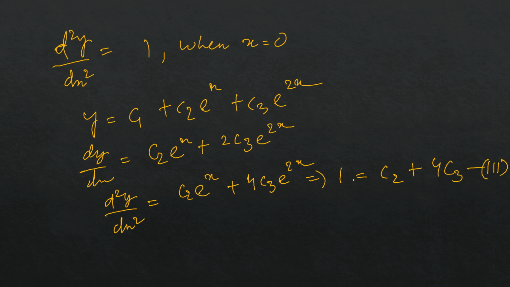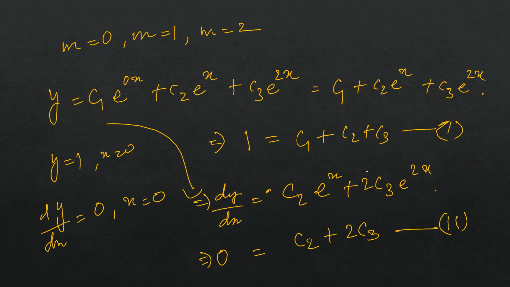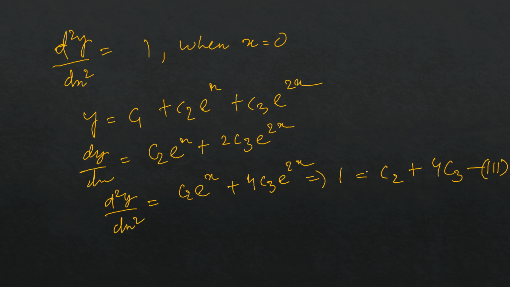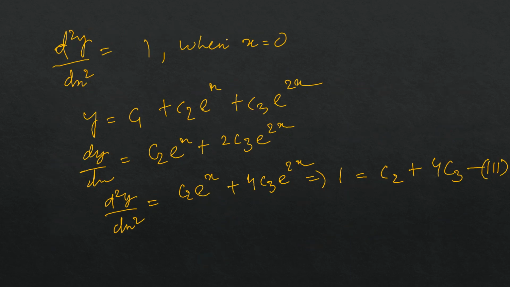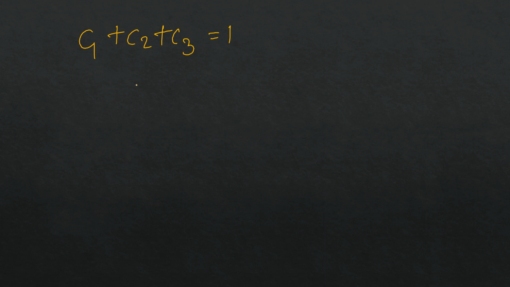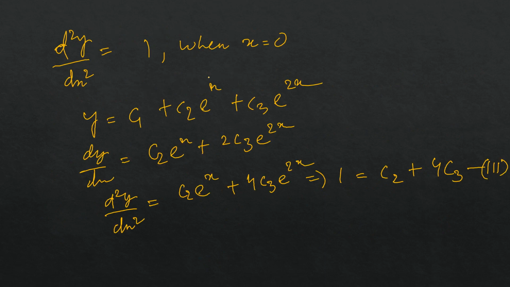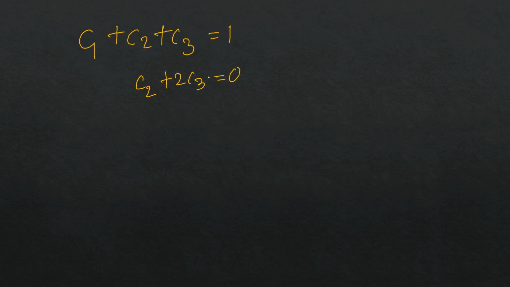Equation 3. So what are the equations then? c1 plus c2 plus c3 is equal to 1. c2 plus 2c3 is 0. c2 plus 4c3 is equal to 1. First let's carry out these two.